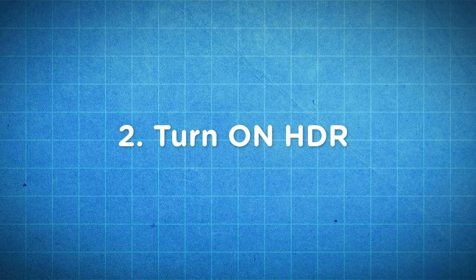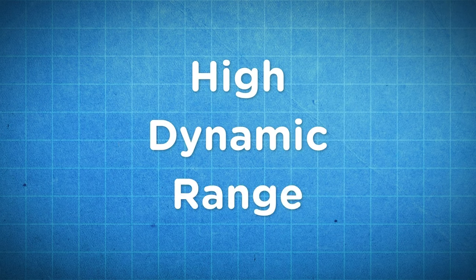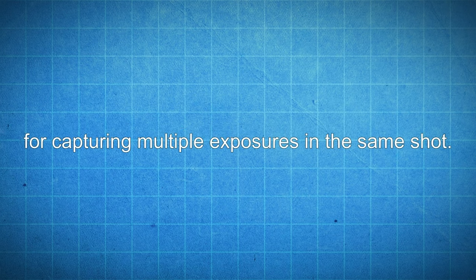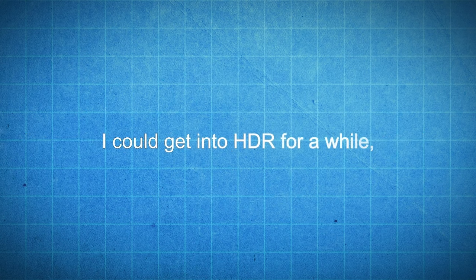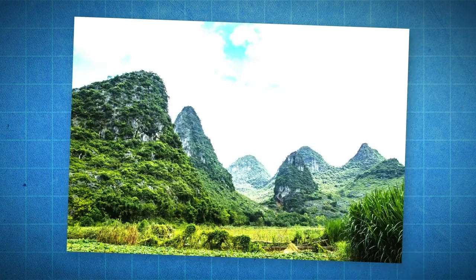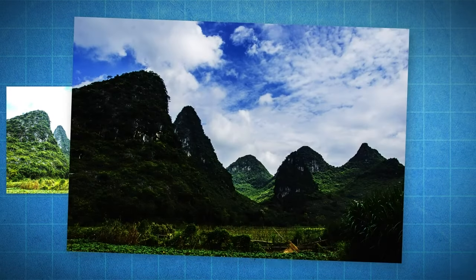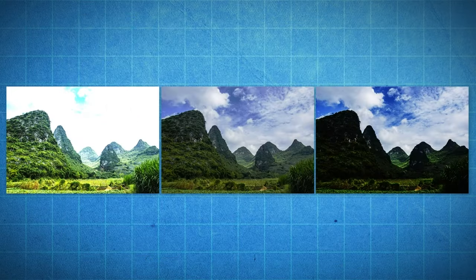Next, turn on HDR. HDR stands for High Dynamic Range, and it's just a fancy word for capturing multiple exposures in the same shot. I could get into HDR for a while, but all you really need to know for shooting HDR on your phone is that it takes a very bright image to properly expose for the shadows, a neutral image to expose for the midtones, and a dark image to properly expose for the highlights.